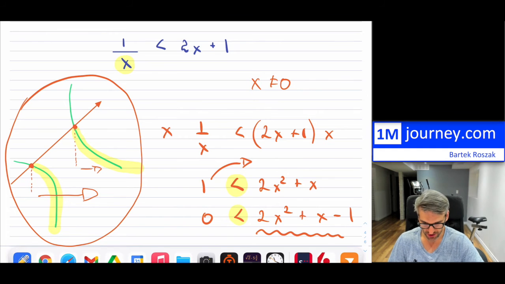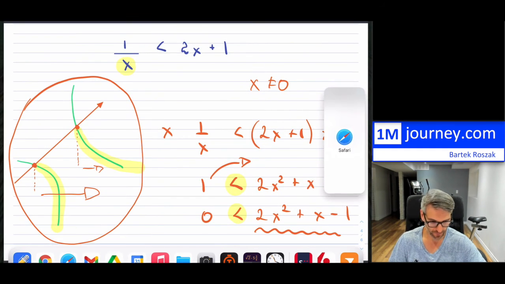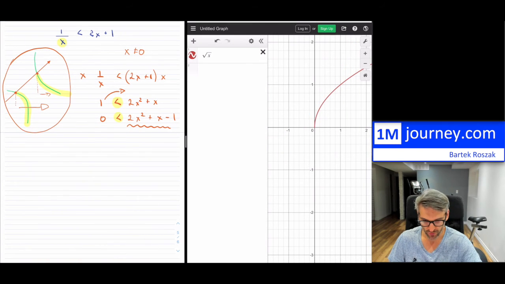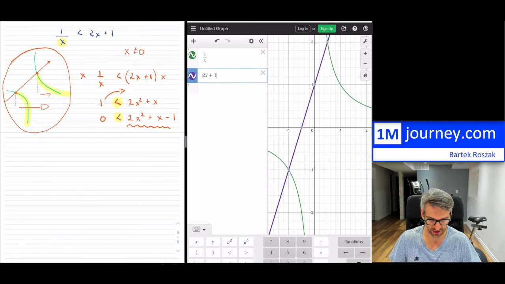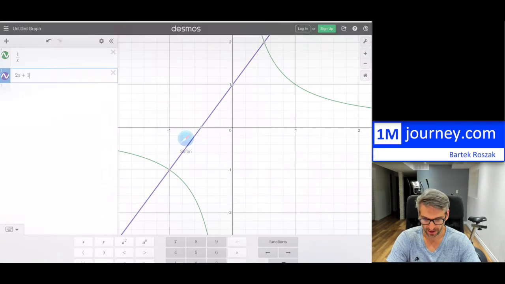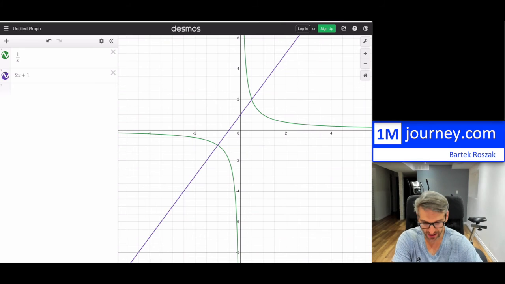If I take this back into decimals, I'm going to bring it back here, and let me remove these. So I had 1 over x, that's one of them, and then 2x plus 1, notice that's the other one. And indeed, it looks exactly as we had, and here are our intersecting points.